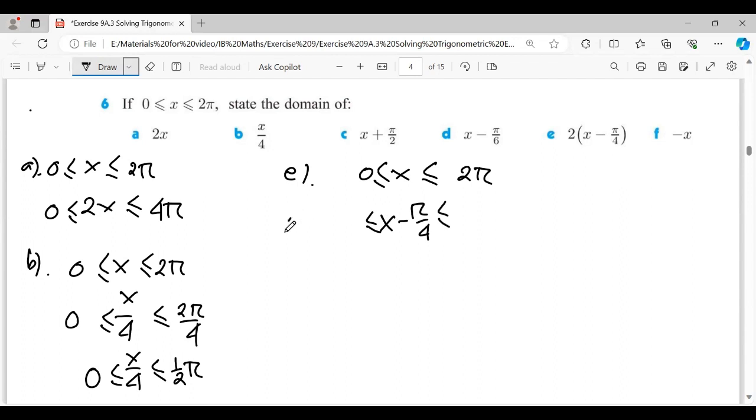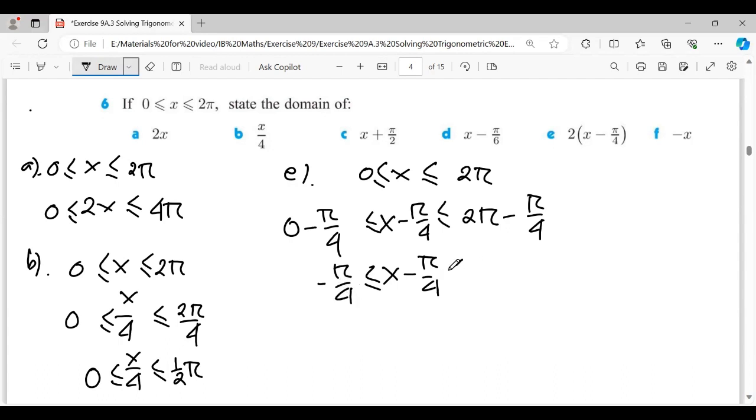It means 0 minus pi over 4 to pi minus pi over 4. Okay, x minus pi over 4, negative pi over 4. 4 times 2, 8 minus 1, 7.